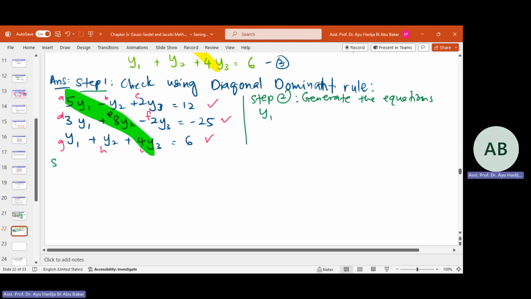So y1 from equation 1, you will get this equation.